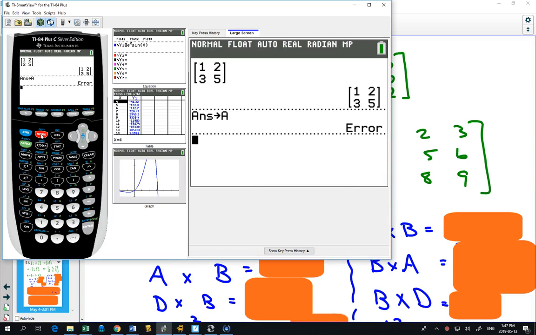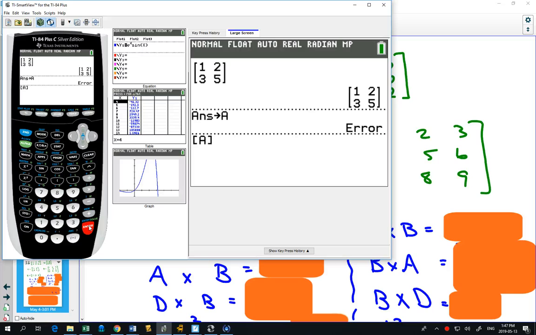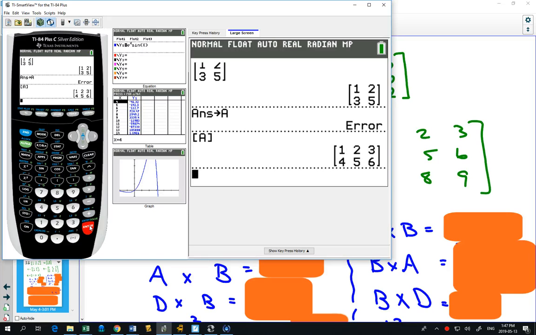So if I go into my main screen, and I hit go to matrix again, when I see A, it's listed as a 2 by 3 matrix. Now if I push enter on that, A comes up with brackets, and my calculator's remembering it's 1, 2, 3, 4, 5, 6. So I'd like you to enter in B, C, D, and E as well.